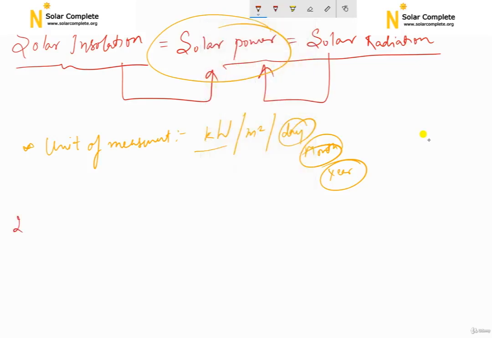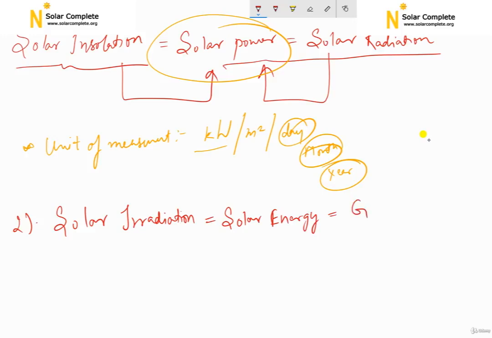It is also called GHI, right? Or we can say it is a short form. So the full form is global horizontal irradiation. Sometimes it is also called global irradiation. Okay, so both of these denote, in simple words, solar energy.